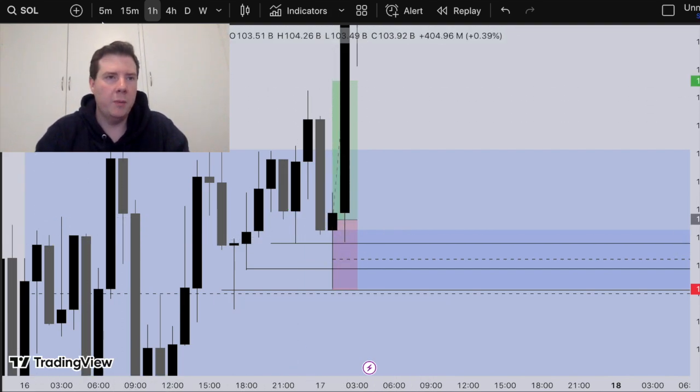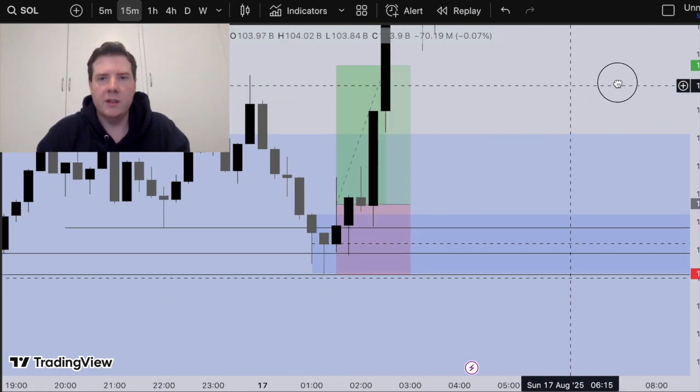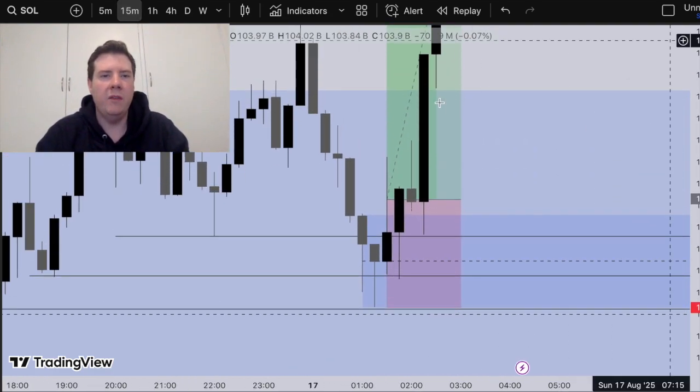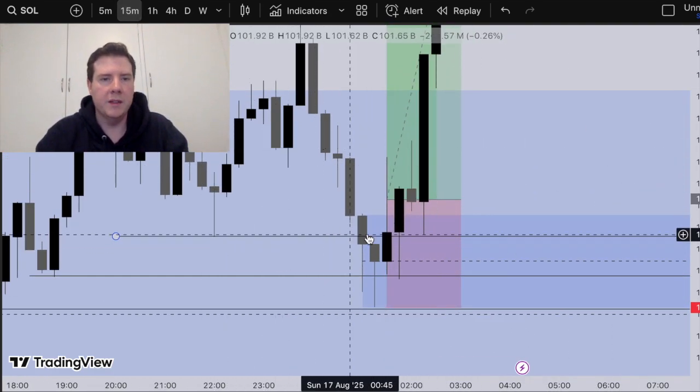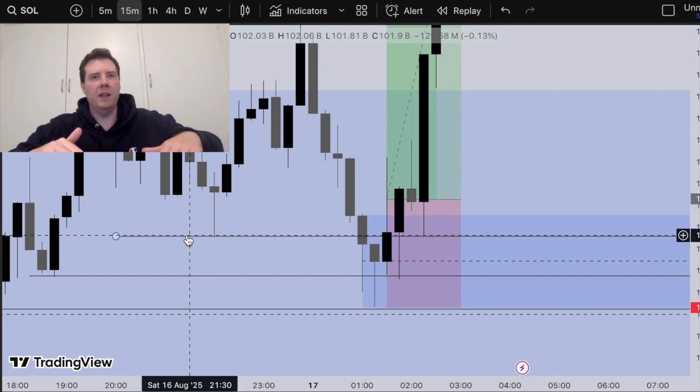I initially marked up a range on there, but it continued lower. And so, as I say with OBX, if the first sweep doesn't hold, that's perfectly fine. You delete that 5-minute range, you go down and you find the next available liquidity, and we're just waiting for liquidity to stop being taken.